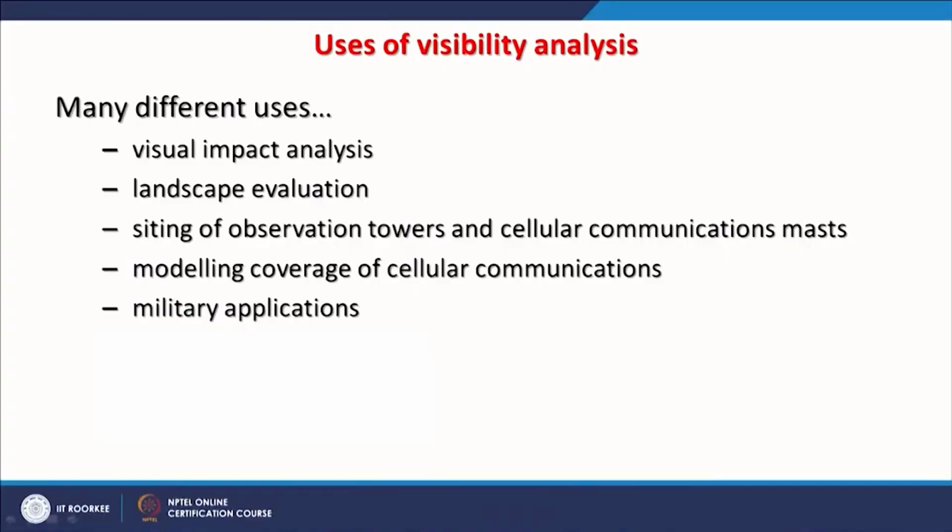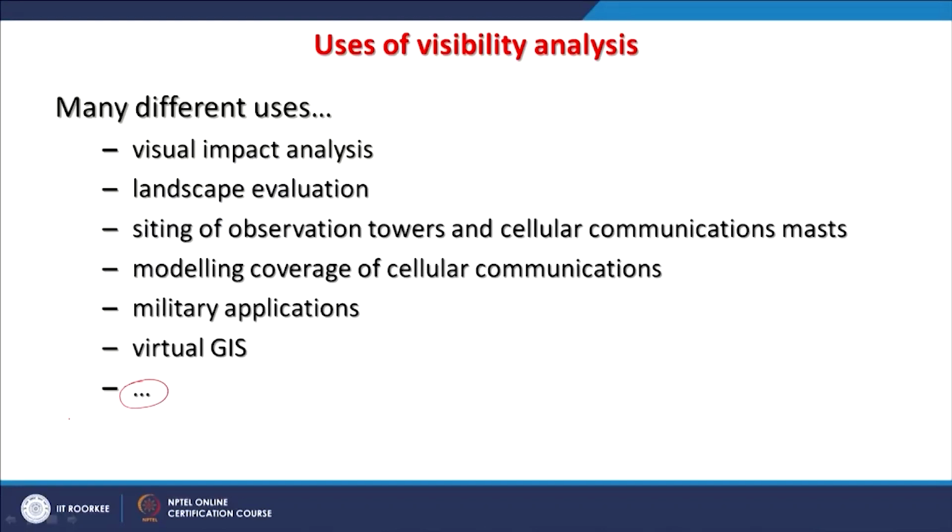Visual impact analysis, landscape evaluation, siting of observation towers and cellular communication masts, like mobile towers, modeling coverage of cellular communications, military applications. Many of such applications are not in the public domain, and of course virtual GIS, where it also plays a very important role.